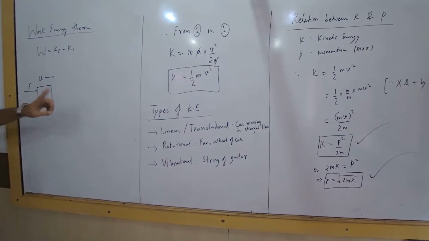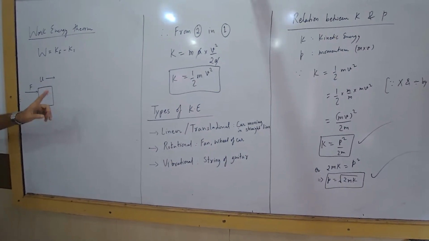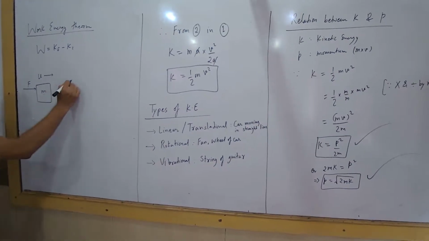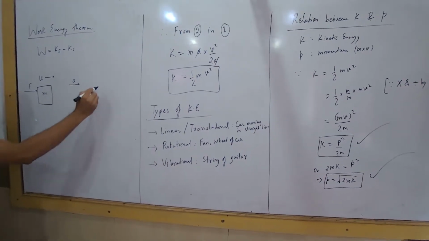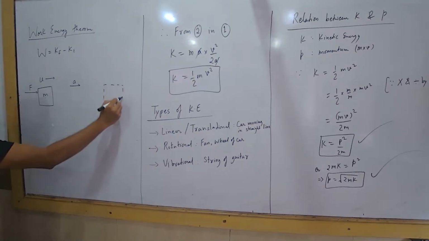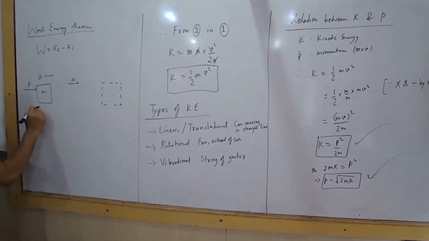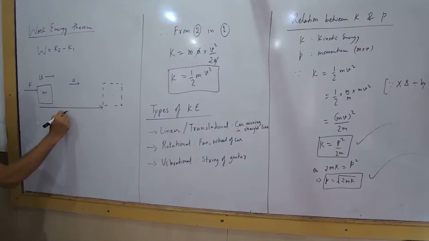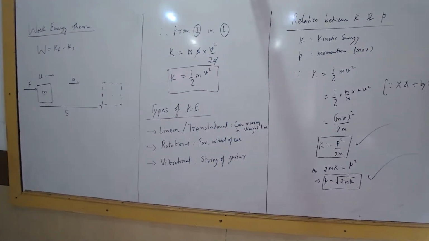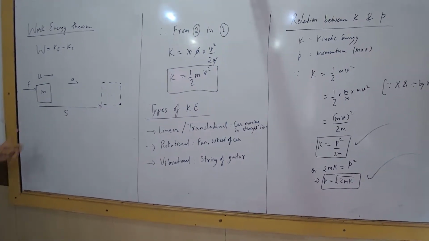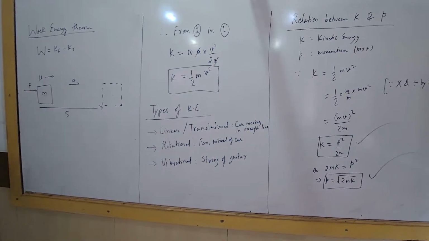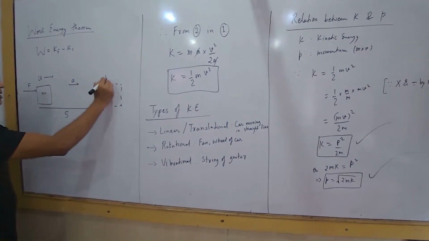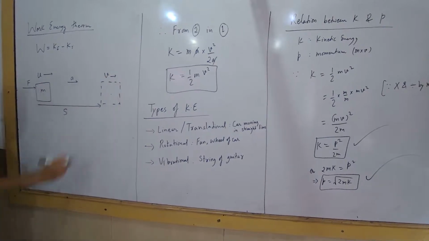So it gets increased speed; it is accelerating, so a will be positive. Energy is gained because you are working on the body, and its final velocity is v at this position.